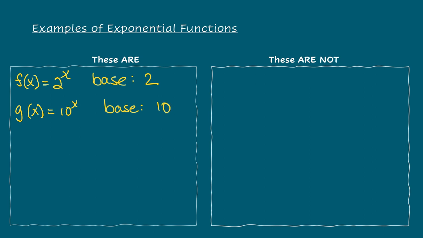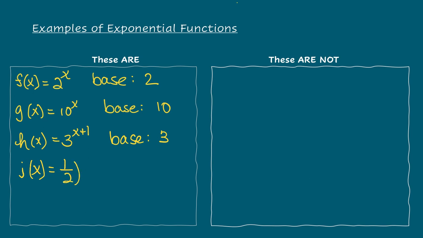Our exponent is x. We might also have something that looks like this, 3 to the x plus 1. That is also an exponential function where our base is 3. We might also see bases that are less than 1. So we may also see j of x equals 1/2 to the x minus 1 power, or just x power, doesn't matter.